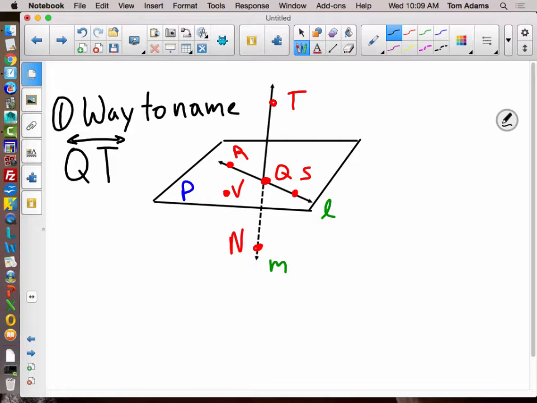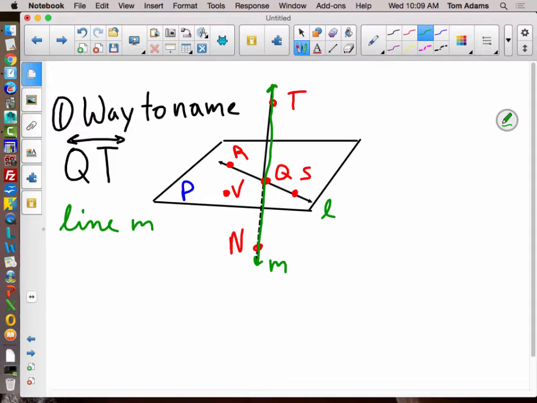Let me give you an example. We could just name it line M, right? Because notice that from here to here is line M, or QT. What's another name to name it?